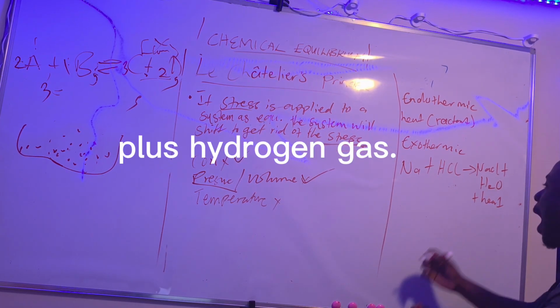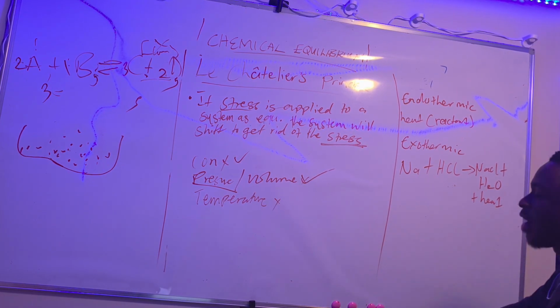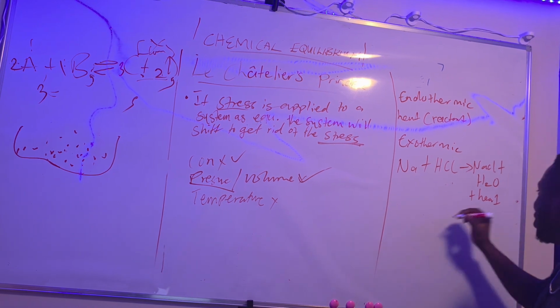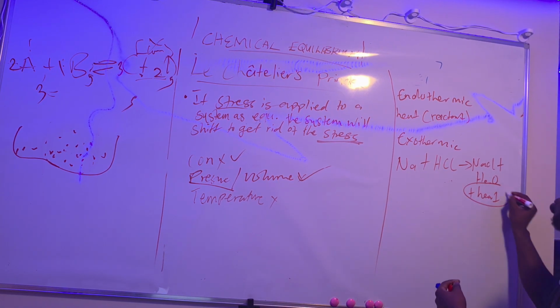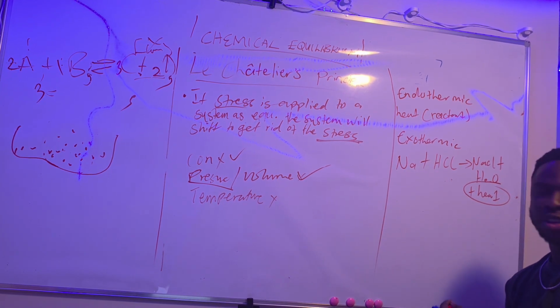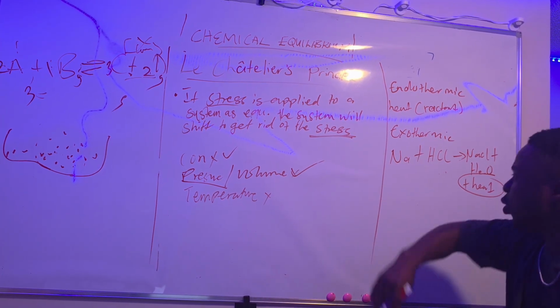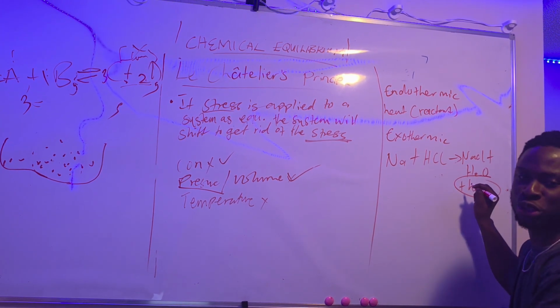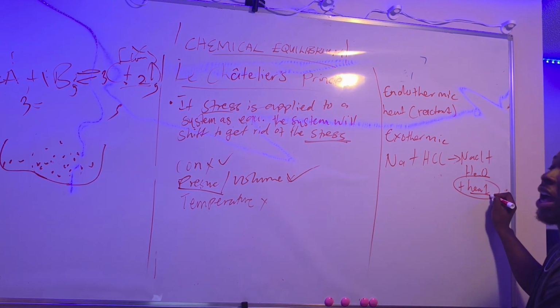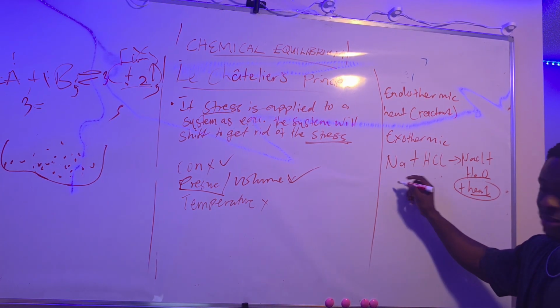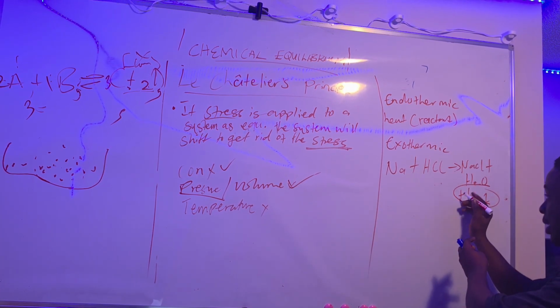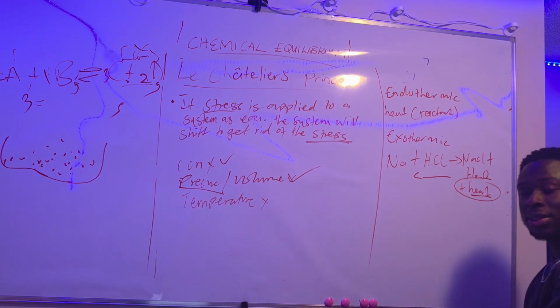I do add temperature to this system. If I apply more heat to this system, I'm applying more product to the system. So if I'm applying more product to the system, the reaction is going to shift just so that I can use the product that has been applied to the system. So the equilibrium for this system will shift to the left.